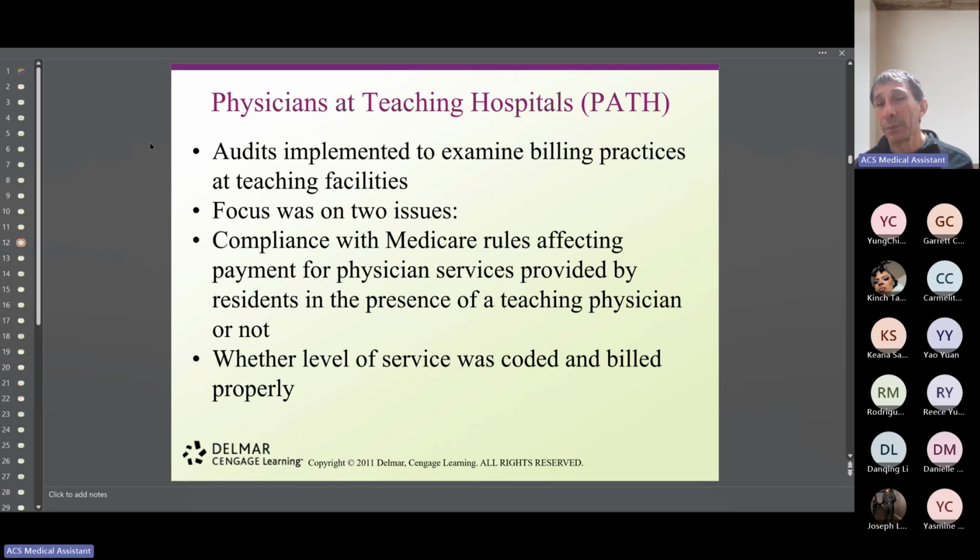Be careful with the word residents, because for some people it means patients that are admitted. But we are talking about medical residents, the ones that already graduated from school and are now doing their internship. Internship is a residency for the medical doctors.